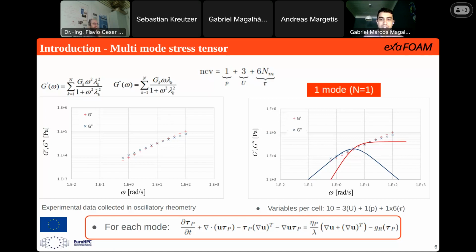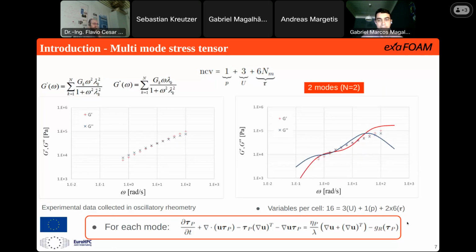So let's try to use one more mode. Okay. Using 2 modes, the fit is still not good, but the simple addition of one mode to represent our fluid increases the system by 6 variables. So now we have 16 unknowns per cell.